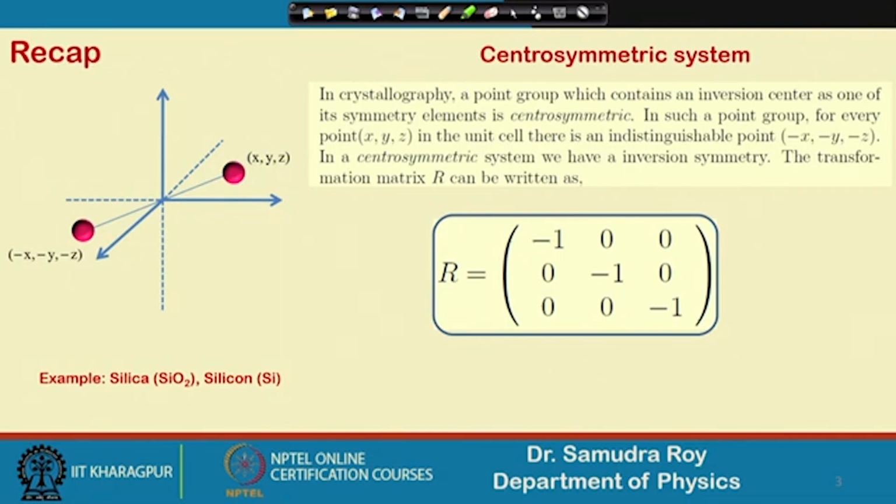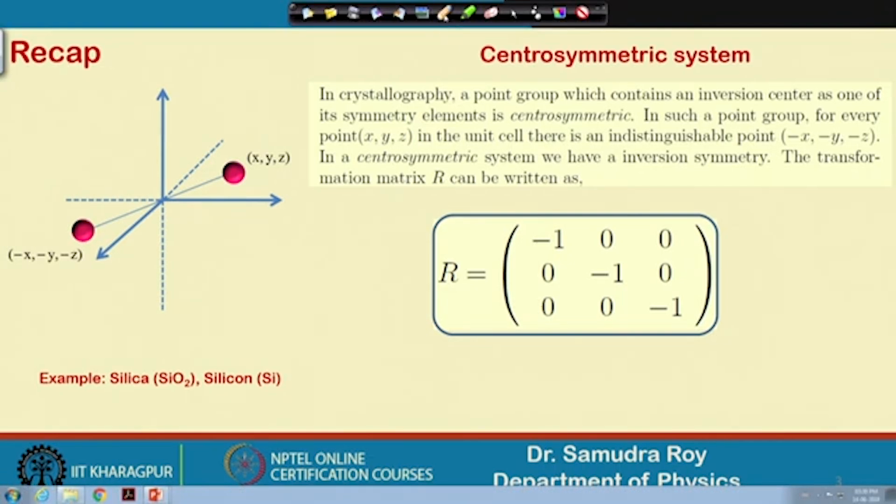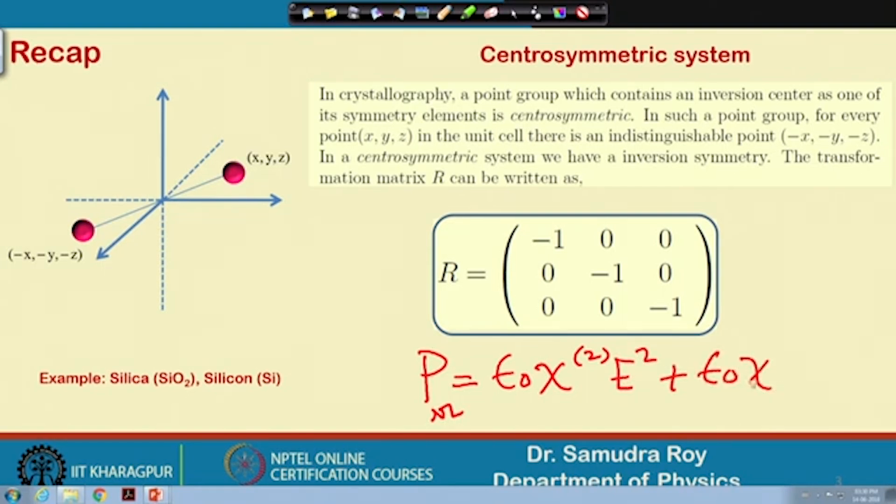If I write the relation between polarization and electric field, the nonlinear polarization is P nonlinear equals epsilon 0 Chi2 E square plus epsilon 0 Chi3 E cube. This is the nonlinear part of the polarization that we always use.